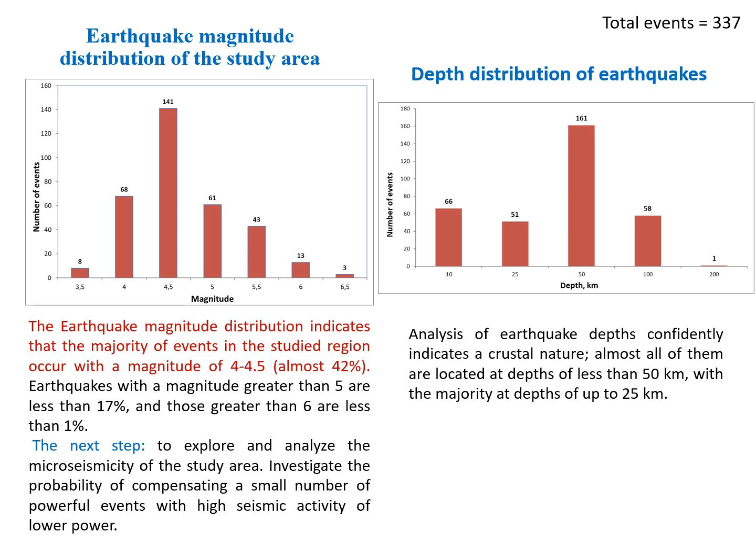The earthquake magnitude distribution shows that most events in Azerbaijan occur with a magnitude of 4 to 4.5. This is almost 42%. The depth distribution analysis underscores a predominantly crustal nature of seismic events in Azerbaijan. Nearly all earthquakes are concentrated at depths of less than 50 kilometers, with the majority occurring at depths of up to 25 kilometers. This pattern suggests that the seismic activity in the region is primarily associated with crustal tectonic processes.